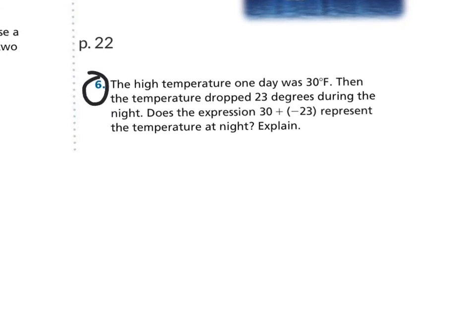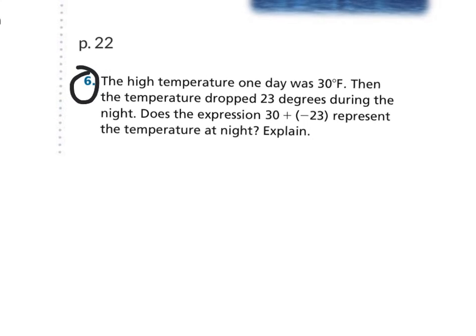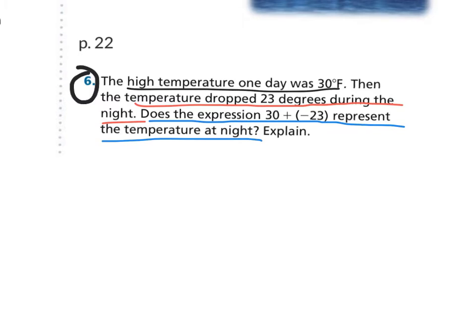Number 6, the high temperature one day was 30 degrees Fahrenheit. Then the temperature dropped 23 degrees during the night. Does the expression 30 plus -23 represent the temperature at night? And explain.